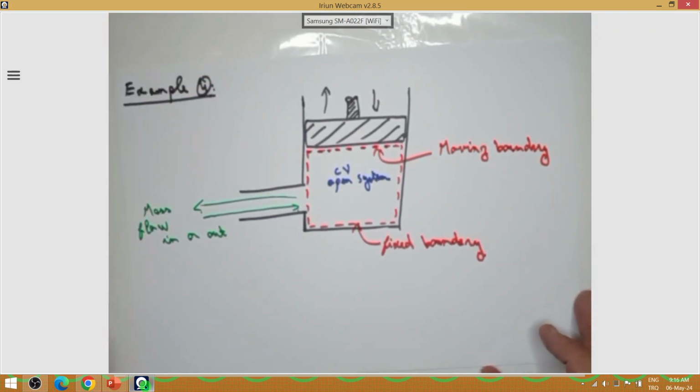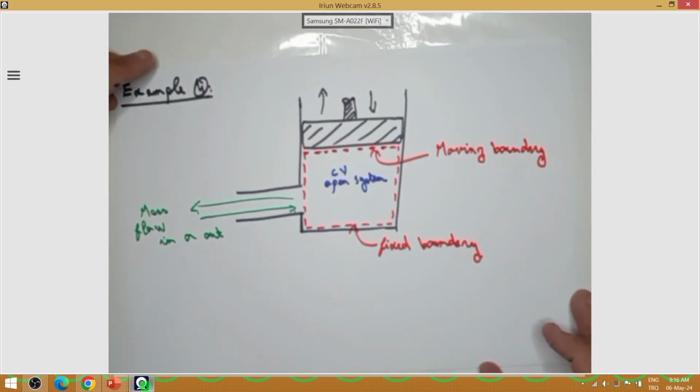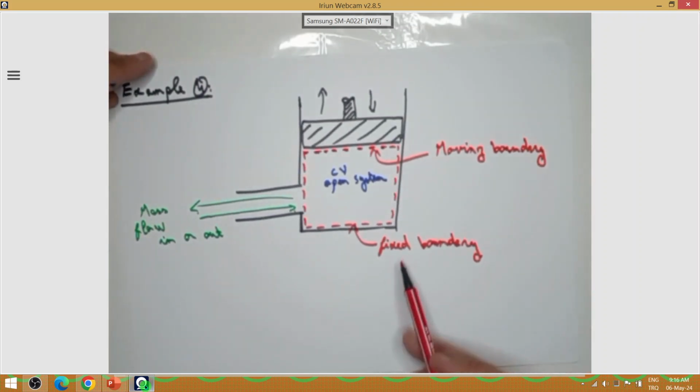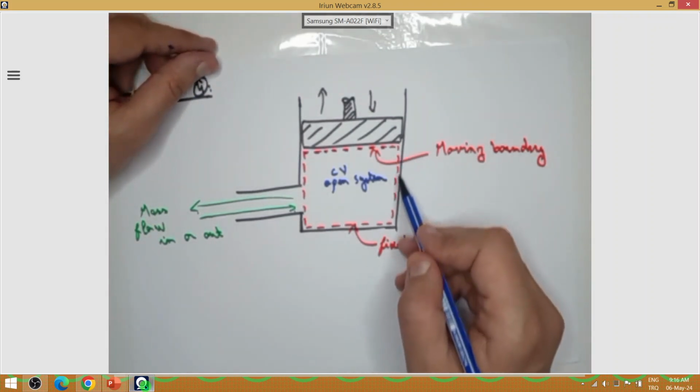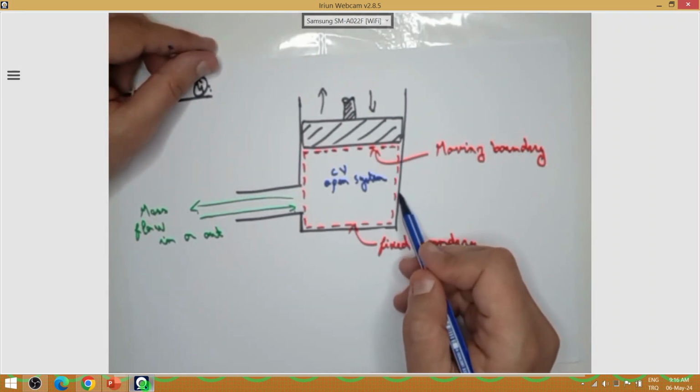Also, as we have seen in the notes, we spoke about fixed boundary and moving boundary, and we also spoke about real boundary and imaginary boundary. So here again, this boundary is real, since here we have material, the physical wall of the cylinder.